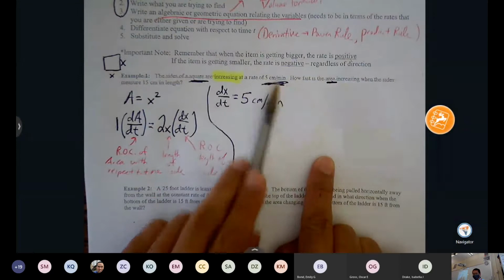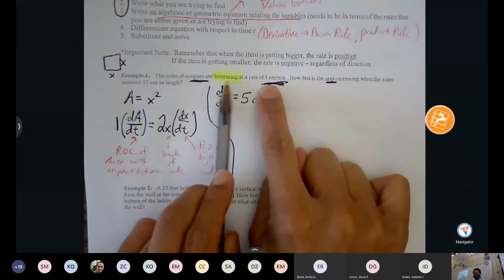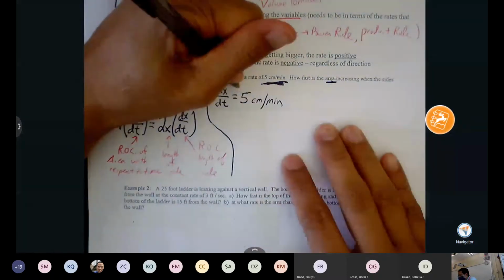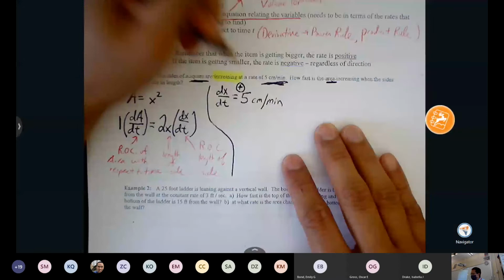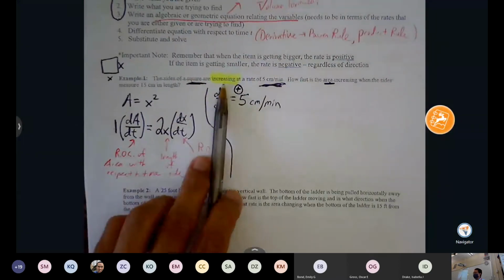The problem is never going to give us a negative rate. We're going to have to make that connection with the word that is being described. So increasing is positive, so you don't need to put a positive here, but I just want to emphasize that we are having to choose the sign of the rate based off of the description.